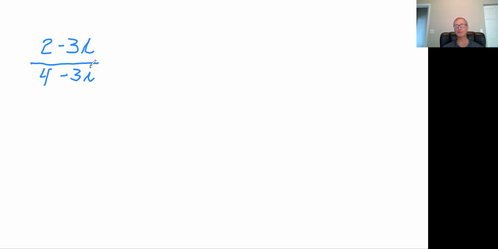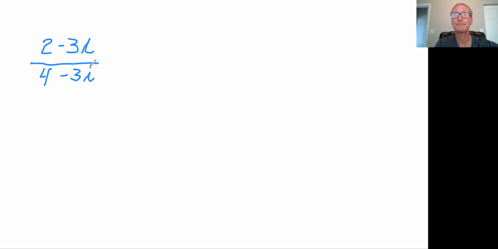So how do we get rid of the i that's in the denominator? Well, that's one of the reasons why we introduced this idea of a conjugate. If you multiply a complex number by its conjugate, it gets rid of the imaginary part, right? It gets rid of all the i's. And so that's the strategy here.